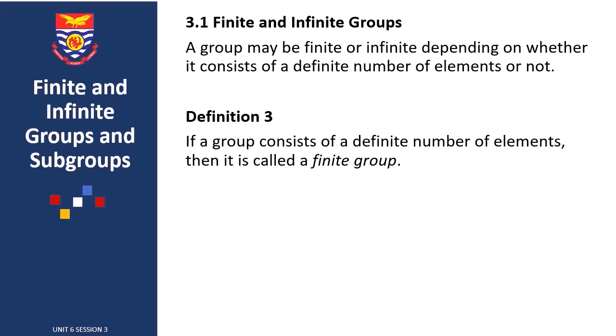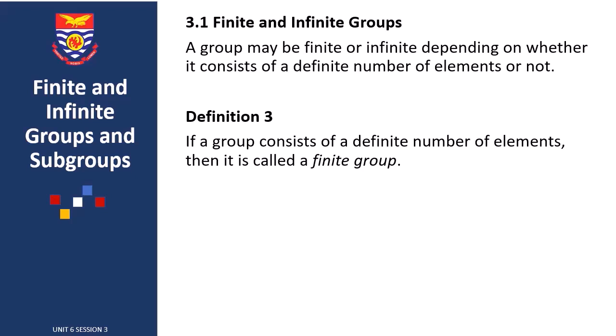Once it consists of a definite number of elements, we say it's finite. Definition 3. If a group consists of a definite number of elements, then it is called a finite group.